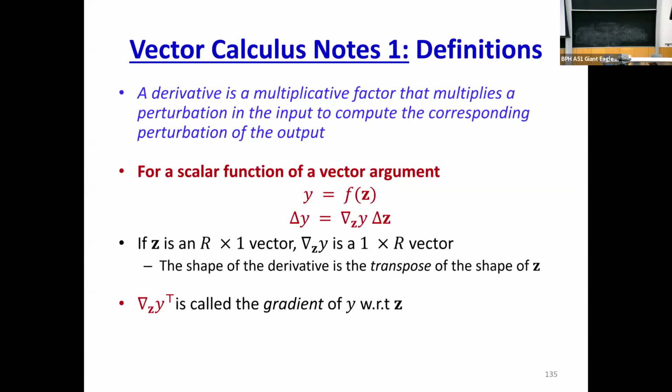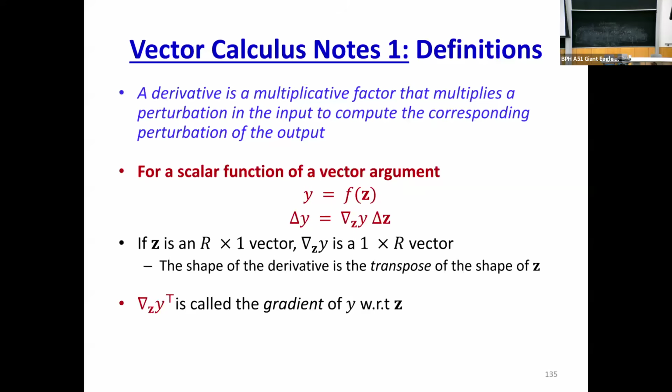So if delta y is a scalar and delta z is a vector, what is the derivative? Can everybody please say together row vector? 1, 2, 3. Thank you. You guys have to wake up, right? So this thing is going to be a row vector. This is going to be a column vector. Everybody with me? Okay. So now this is your standard derivative, right?